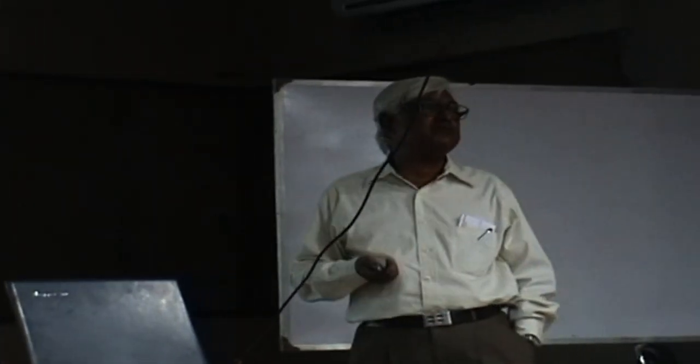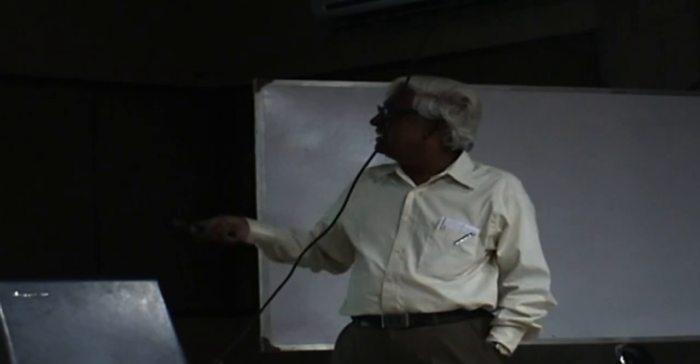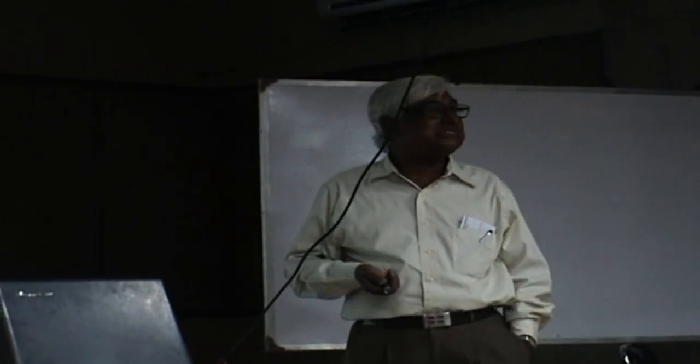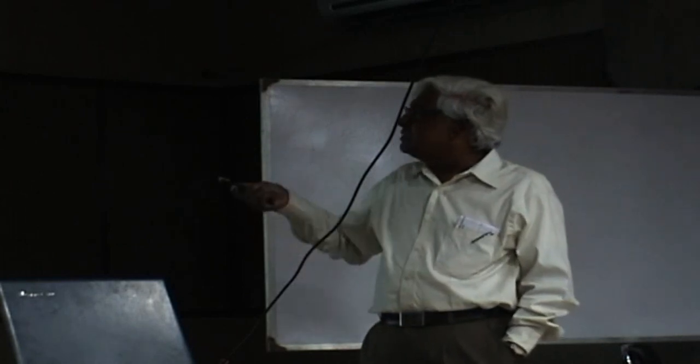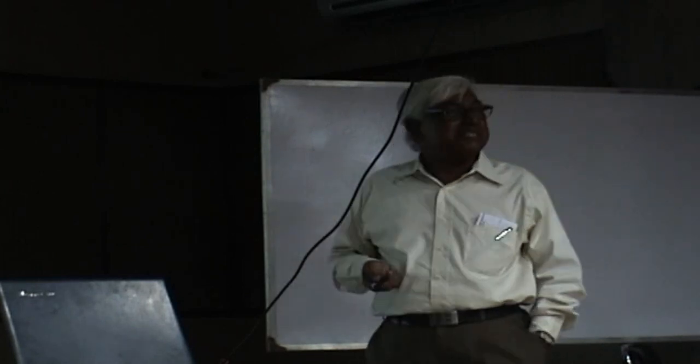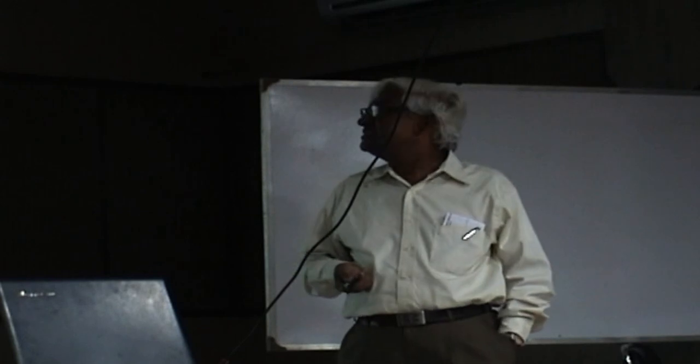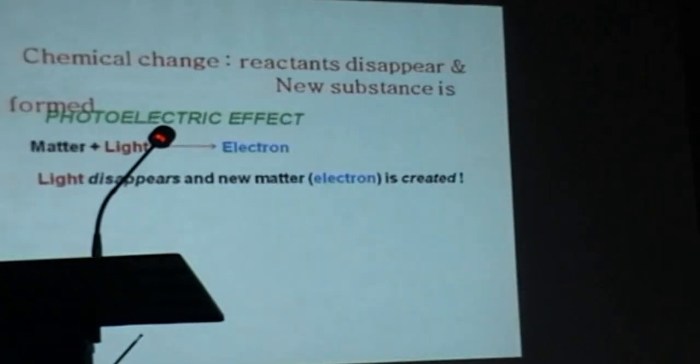Matter and light interact, and electrons are being produced, but electrons are not there as the reactants. So, this is something like a chemical change: light disappears and a new electron is created.